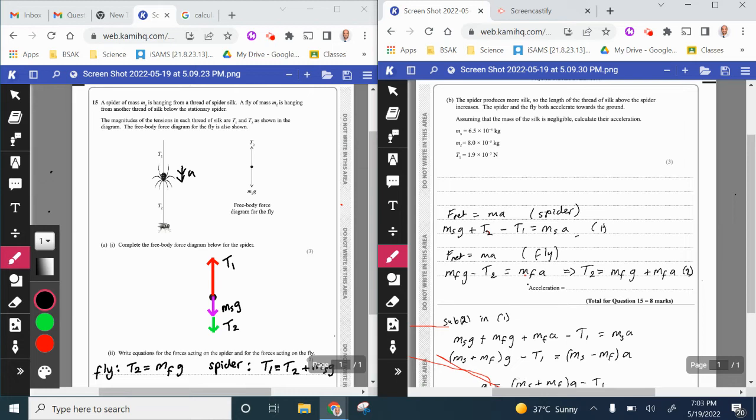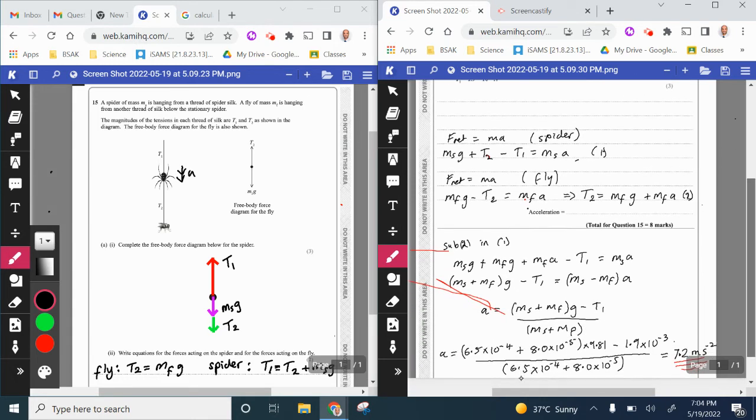So two things we don't know. So what we do is we rearrange this equation here, that's one way, to make T2 the subject, so that we can then substitute this expression into the first one, and that will get rid of the T2 and replace it with mf times g plus mf times a. And that's what I've done here.